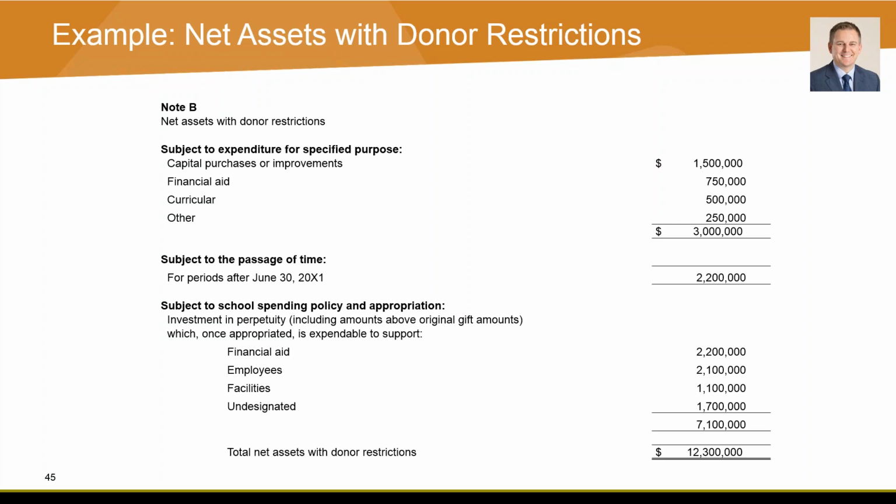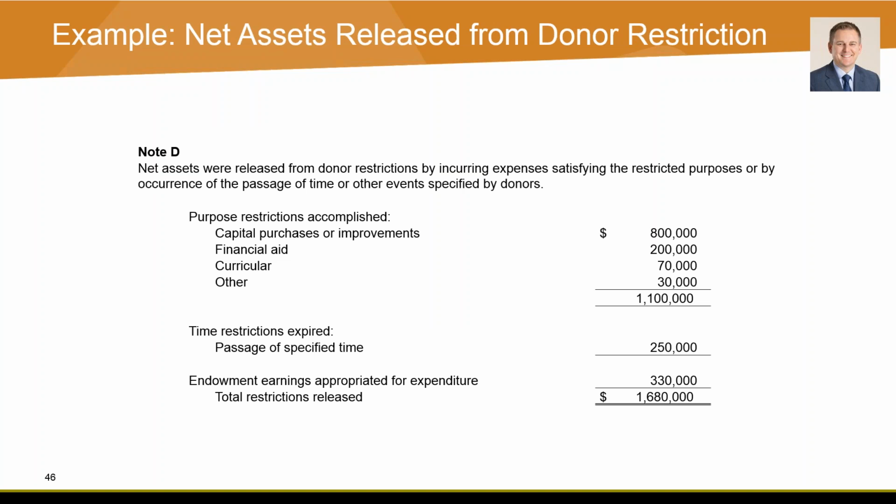And then on this next slide, you'll see that we have a detailed disclosure showing the release of those restrictions related to the purpose and the time restrictions. Again, there's no significant presentation changes here from what we've historically seen under the existing guidance.